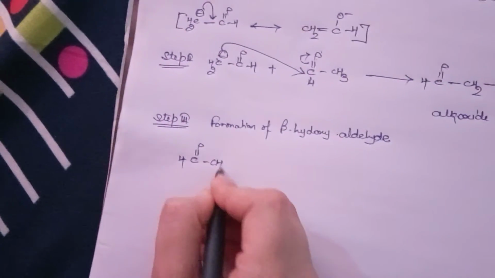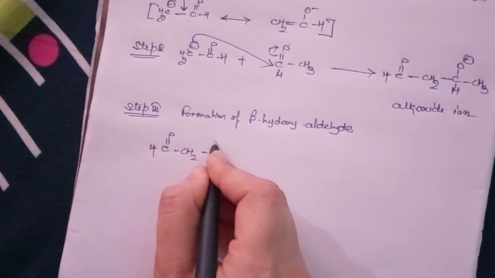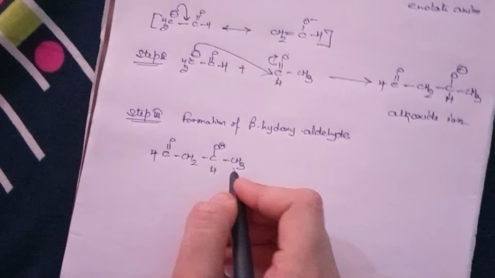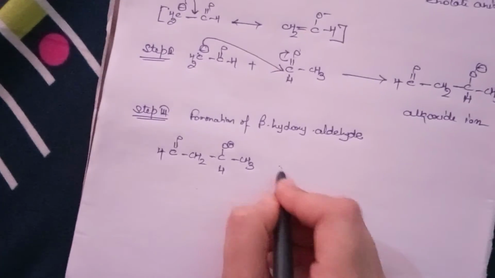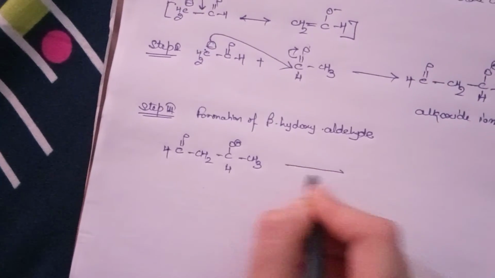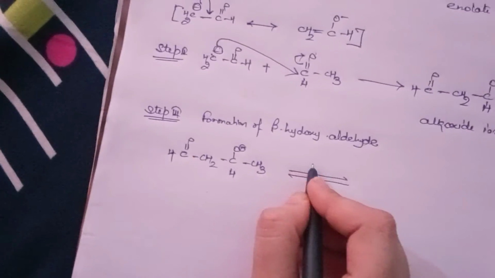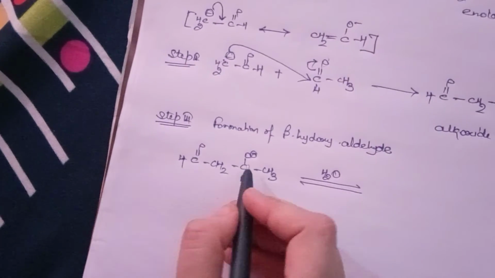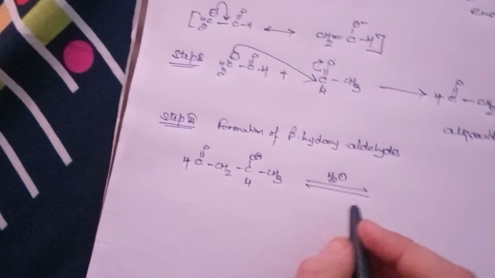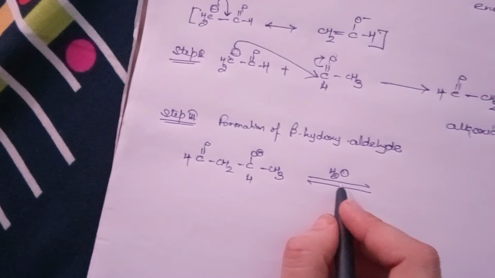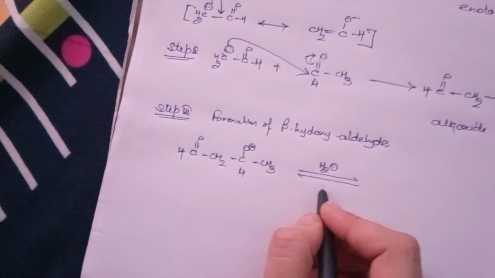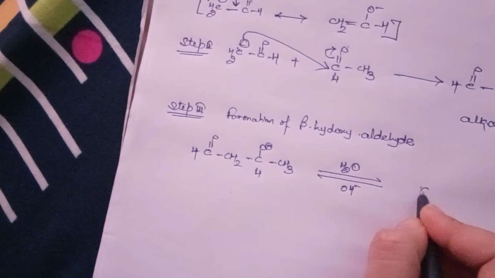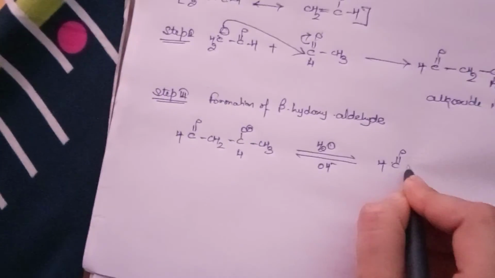So this alkoxide ion abstracts a proton from the solvent molecule because it is highly negatively charged and easily abstracts the proton from the solvent molecule, regenerating hydroxide anion to give the final product which is called beta hydroxyaldehyde.